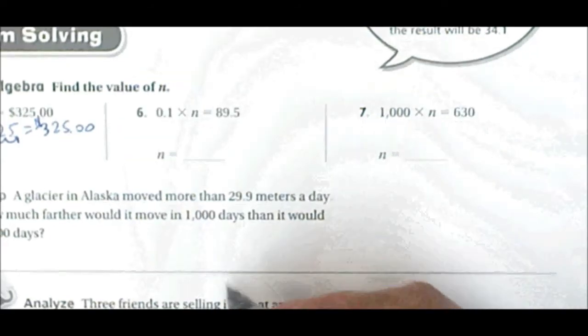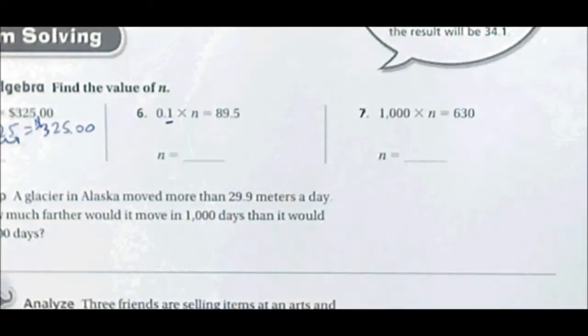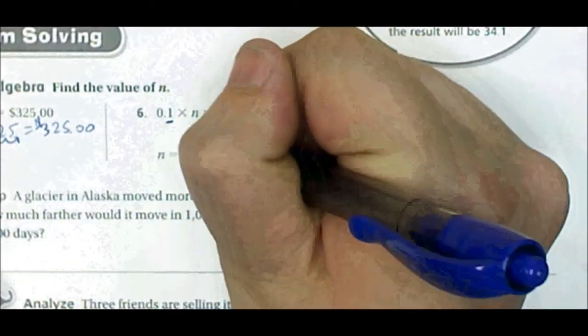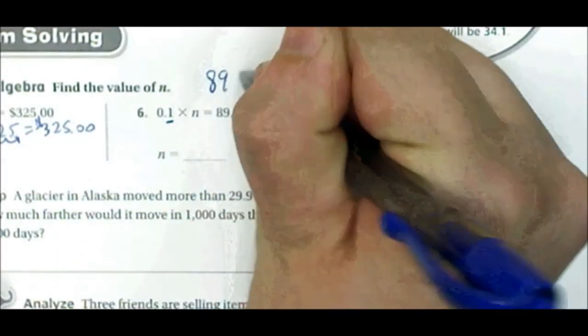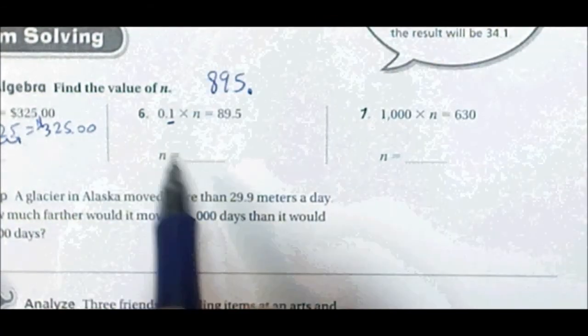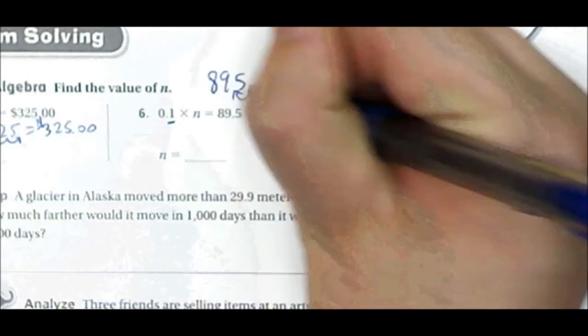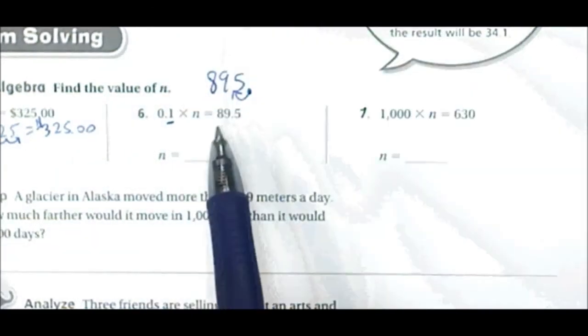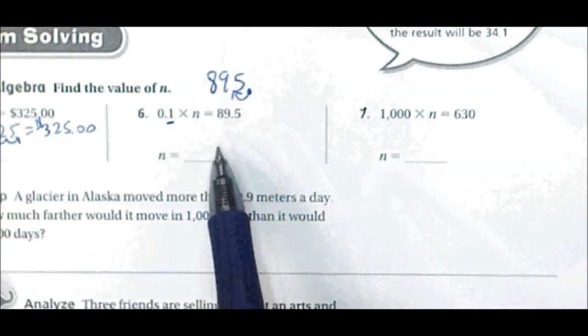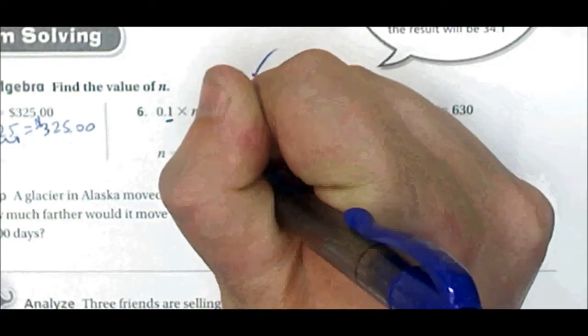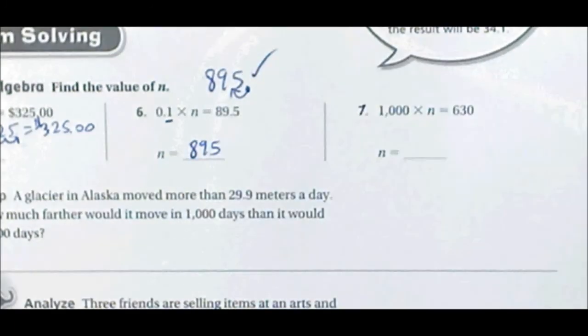So if it's bigger and there's only one digit after the decimal, then this must be 895. Now let me test it. I'm going to multiply this by 0.1. It gets smaller by one place value, or by 1/10, and I get 89.5 as my answer if I do that. So this checks out, and in this case, n equals 895.